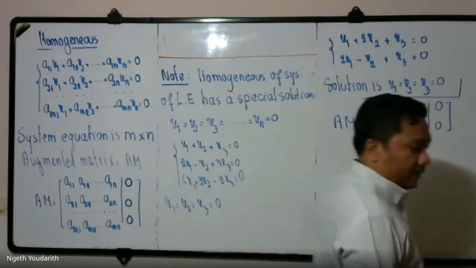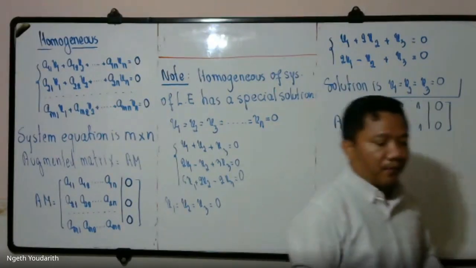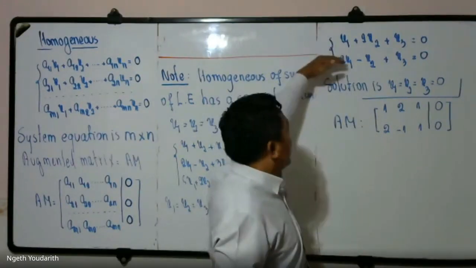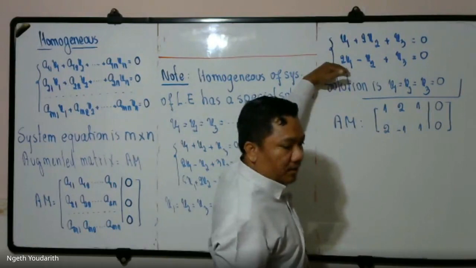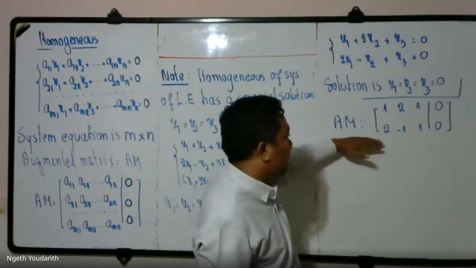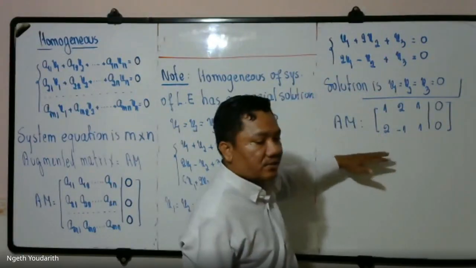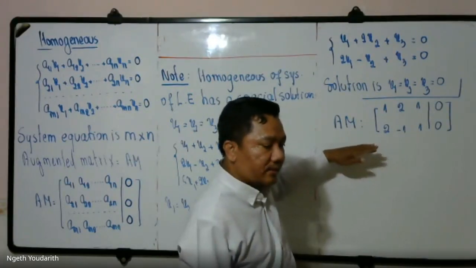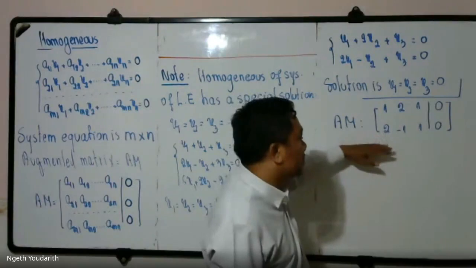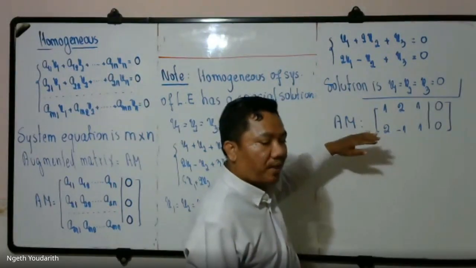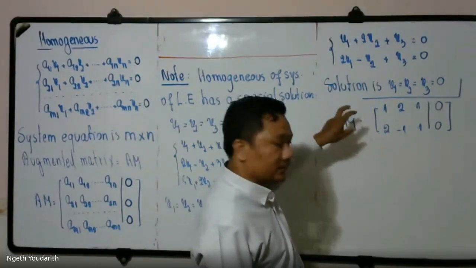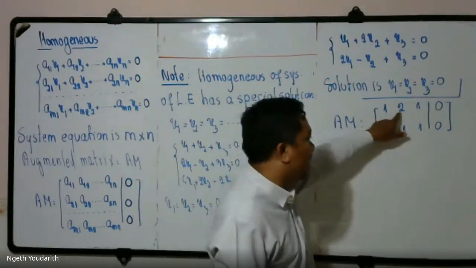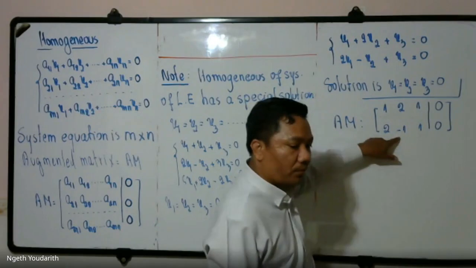Before you do the next step, you should know how to go from the system of linear equations to the augmented matrix, and from the matrix we just use elementary row operations. What is an elementary row operation? In this case we have 2 rows.